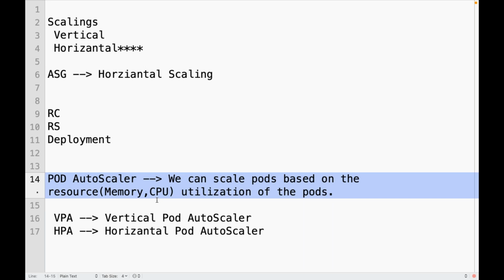If I don't set the limit, I cannot measure the current load. So if I go for a pod autoscaler, I can measure the current memory utilization and CPU utilization of that pod's container. If it has already reached 80%, I can increase and decrease.